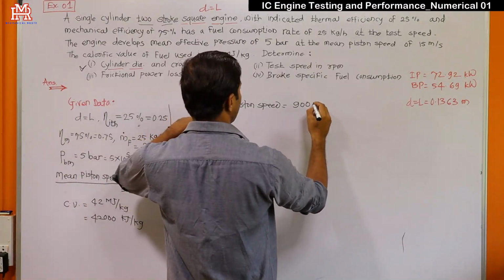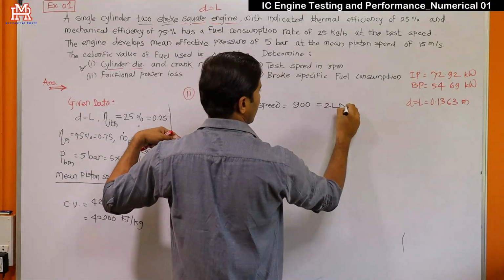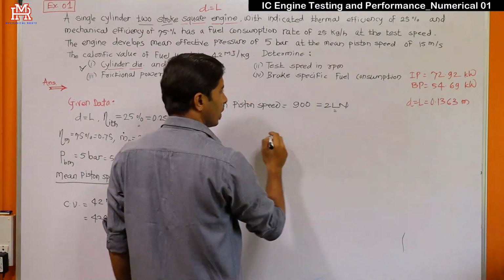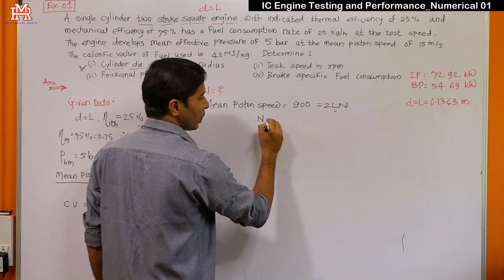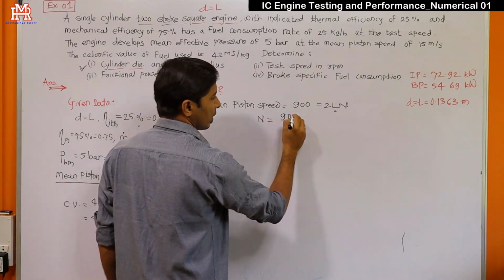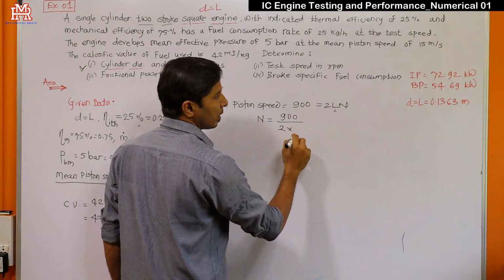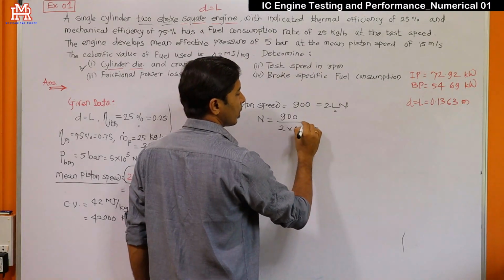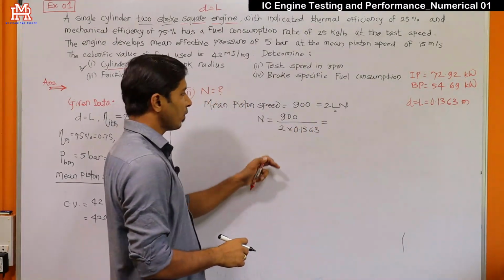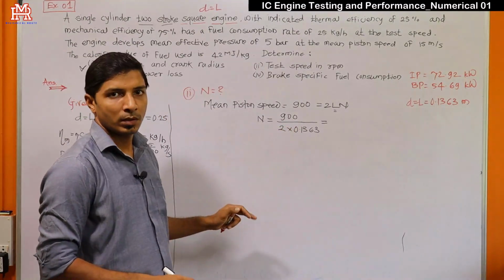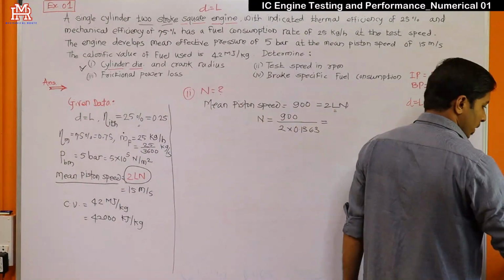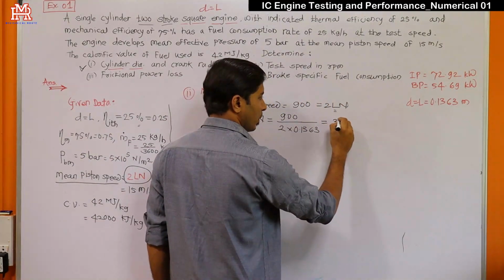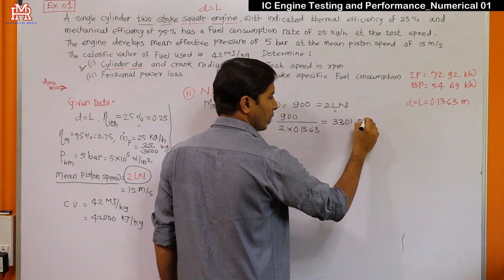So 900 is equal to 2LN. Now we have this value, so I will be having only this unknown. So N is equal to 900 divided by 2L. L is given as 0.1363. So you can calculate from this formula, and you will be getting the value of this capital N, or test speed. The value is 3301.5 revolutions per minute.